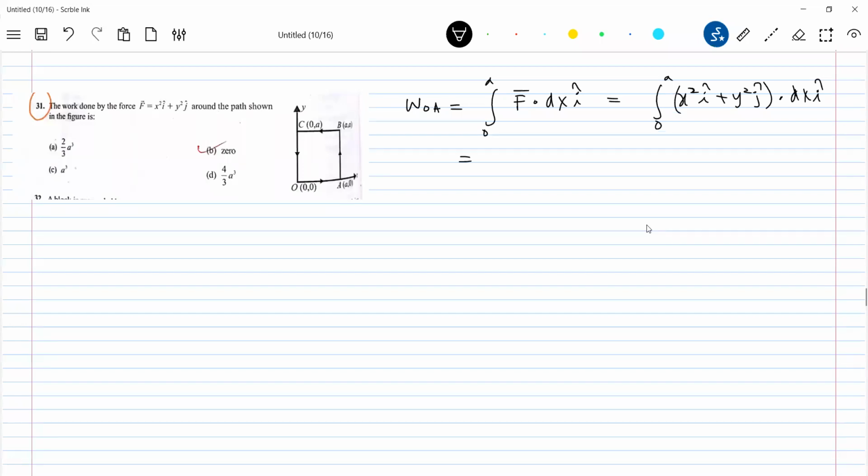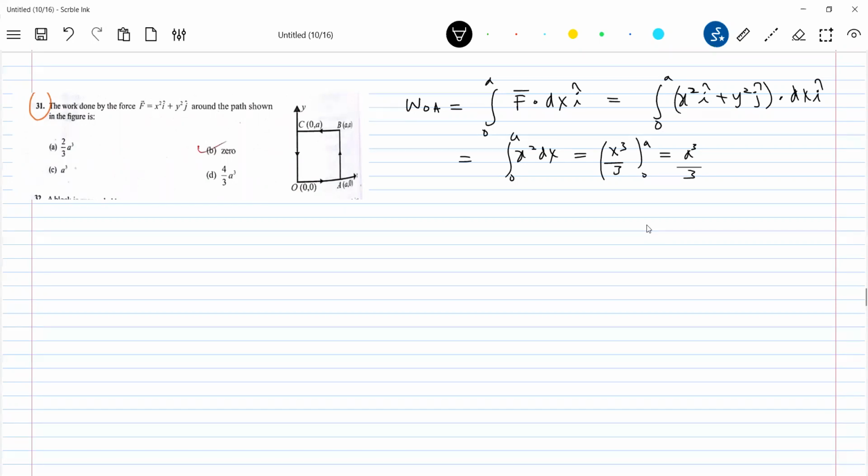This should be equal to x square dx from 0 to a. So this will become x cube by 3, from 0 to a, a cube by 3. Keep it here. That is the work done along the path OA.